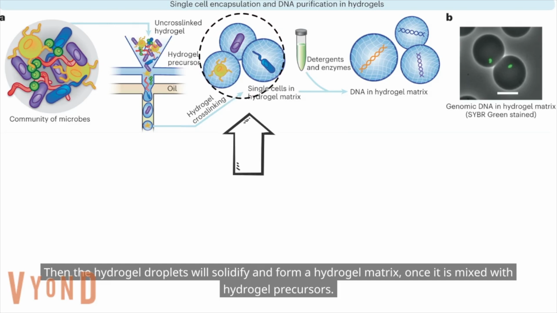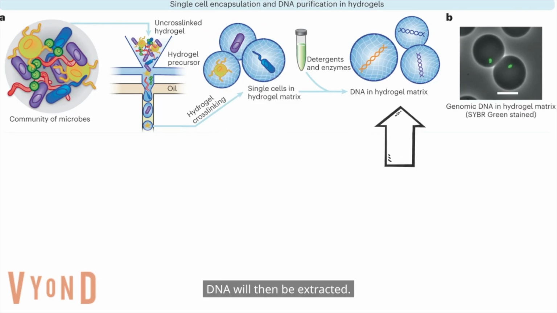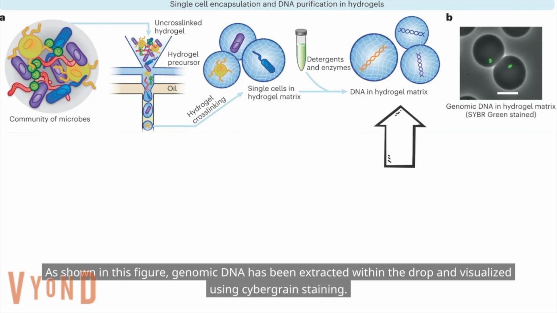Then the hydrogel droplets will solidify and form a hydrogel matrix once mixed with hydrogel precursors. DNA will then be extracted. As shown in this figure, genomic DNA has been extracted within the droplet and visualized using SYBR Green staining.